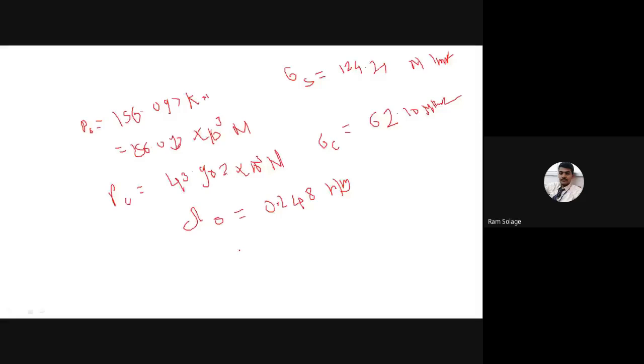Full stop. Take elasticity E for copper 100 gigapascal and E for steel 200 gigapascal.